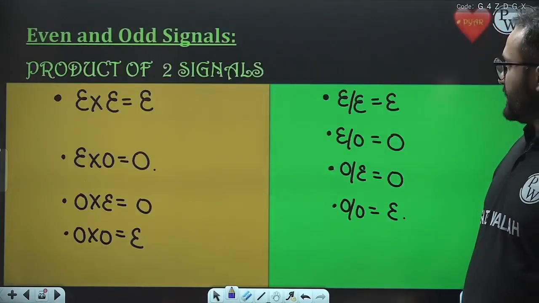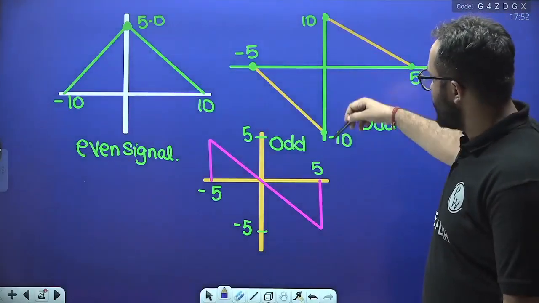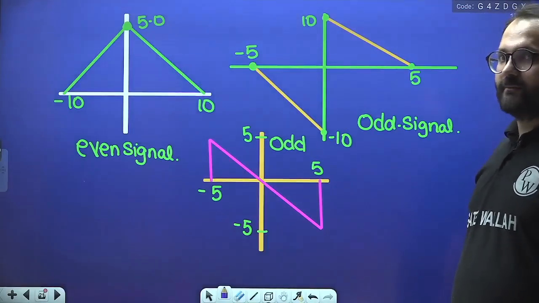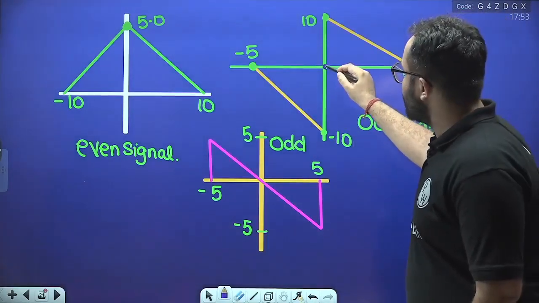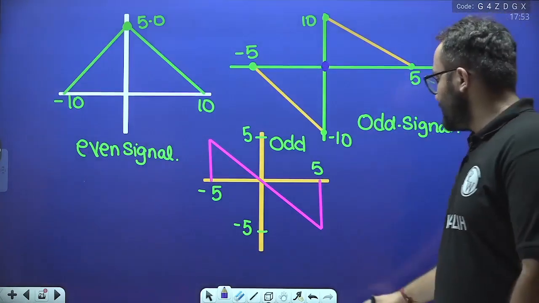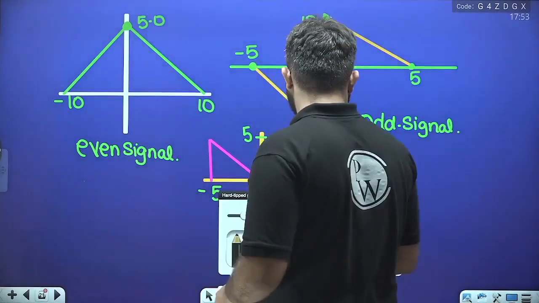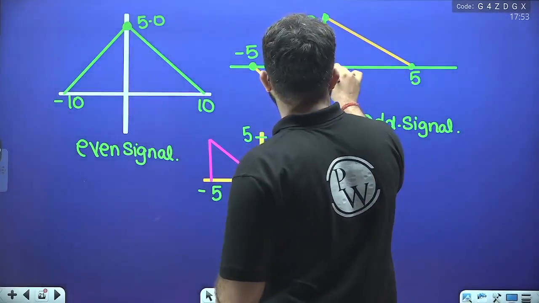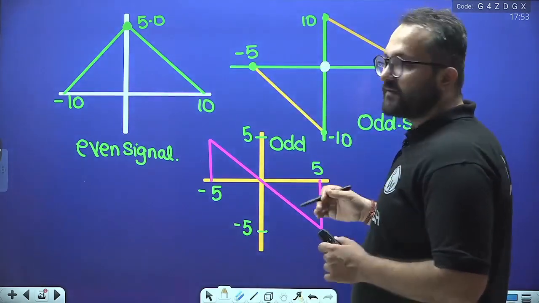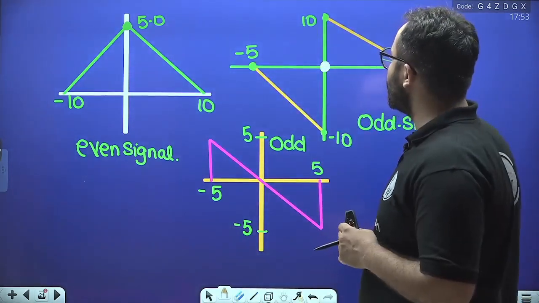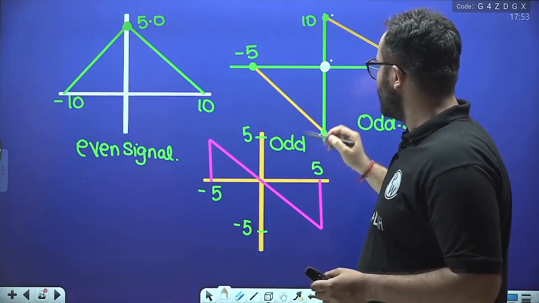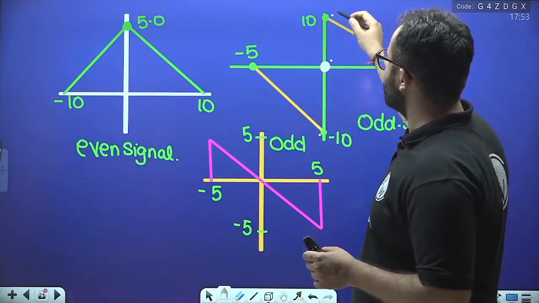But we can see that this property does not seem valid here. Can you see that? The property is valid here also, because at t equal to 0 there is a discontinuity, right? So, what does Gibbs say about discontinuity? Gibbs says that the value of the signal at a discontinuous point is the average of the preceding value, that is minus 10, and the value next to it, that is plus 10.